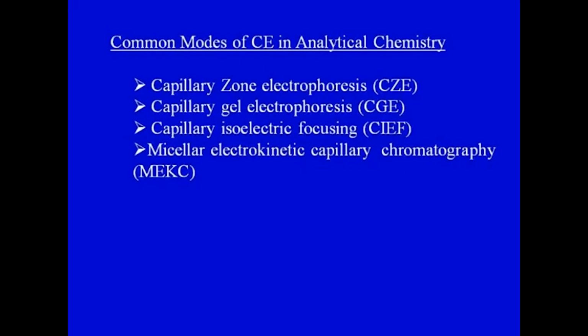It is hard to do by oneself, so commercially available columns are used, in which the gel is put in by different strategies. An isoelectric focusing mode is also available, and for neutral molecules there is micellar electrokinetic capillary chromatography, where a detergent is used and a neutral molecule partitions into the micelles formed by the detergent at a certain concentration.